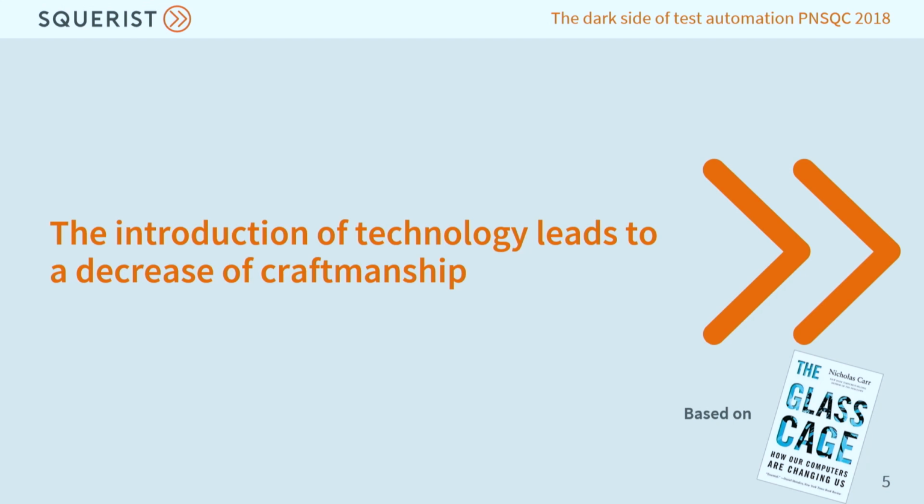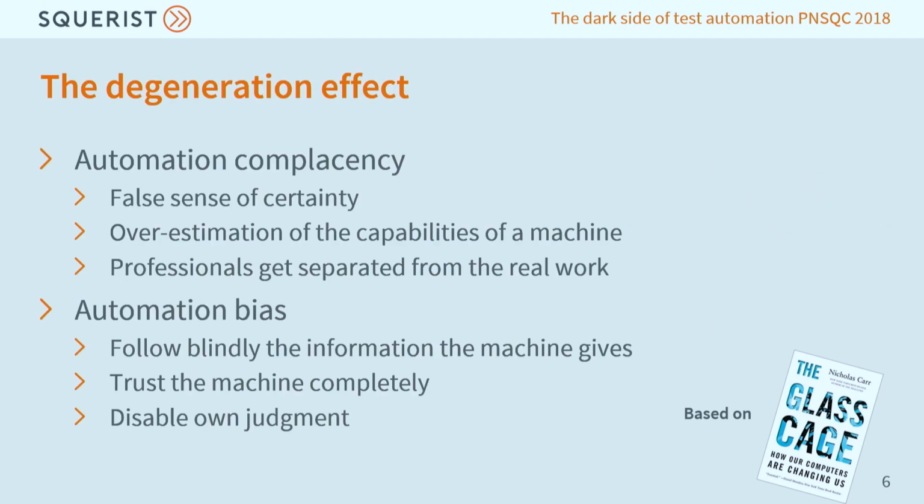We were very good at making carpets. Now, not anymore. We're very good at making machines that make carpets, but making a carpet ourselves, no. So it's a real good read. And I see that happening as well. And it's the so-called degeneration effect. The degeneration effect is about 2 things: the automation complacency and the automation bias.